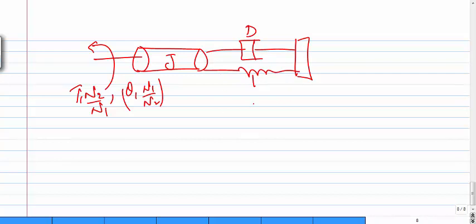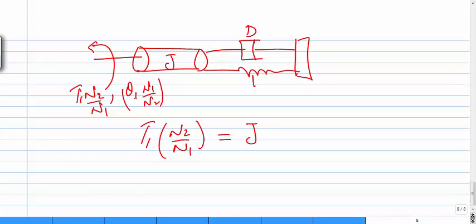When we write it, we have applied torque T1. Let me write the full equation, then I simplify it. So T1 times N2 divided by N1 is equal to, we have opposing due to inertia, that is J times theta 2 double dot.